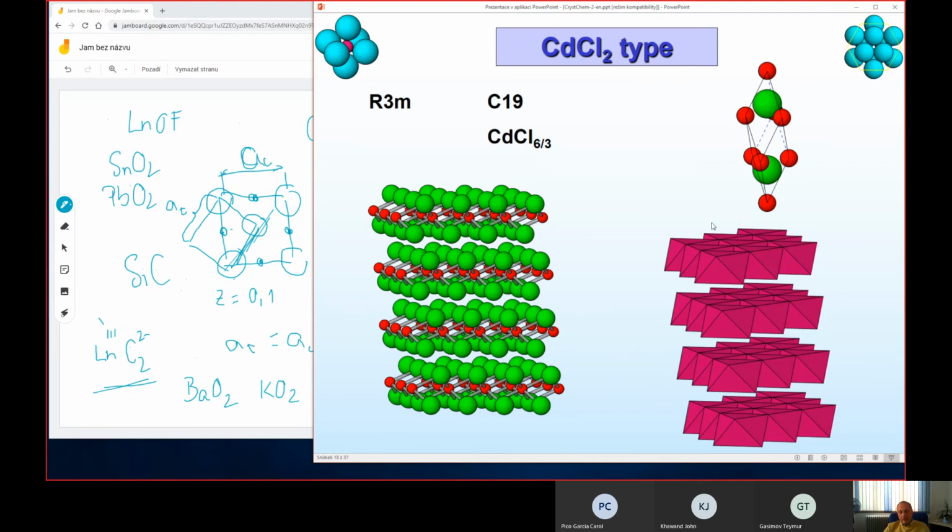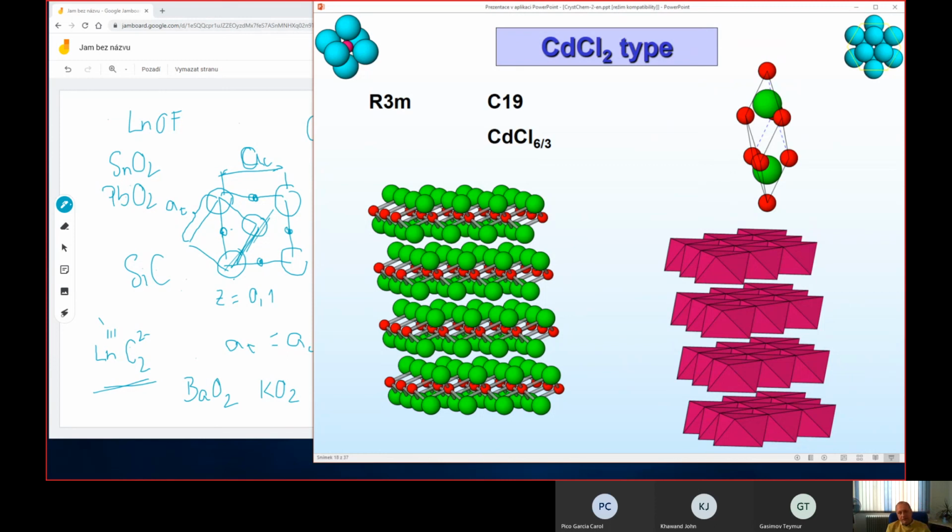So this is the direction of stacking, but due to weak interactions between those blocks, the resulting cell is not cubic but rhombohedrally distorted.